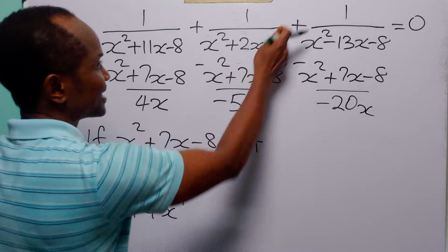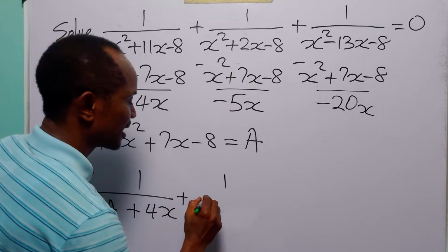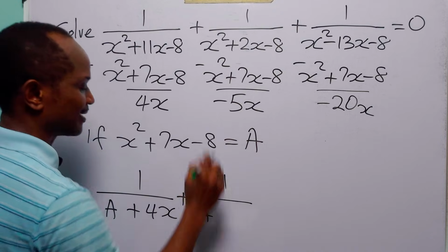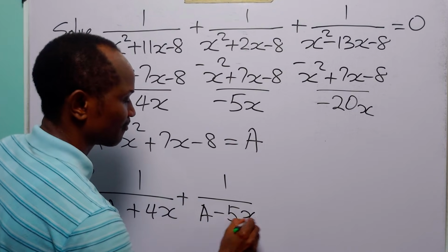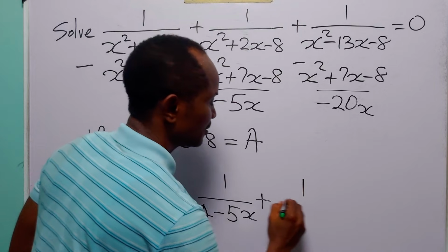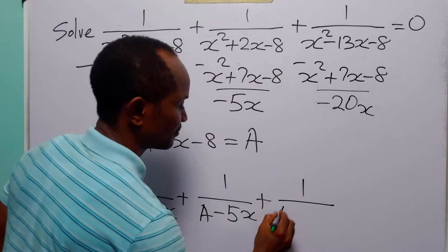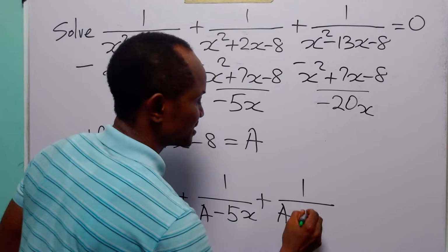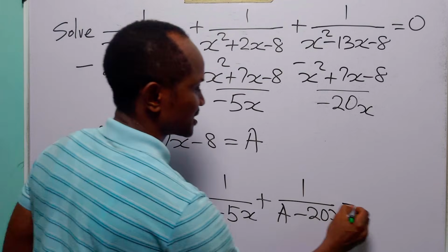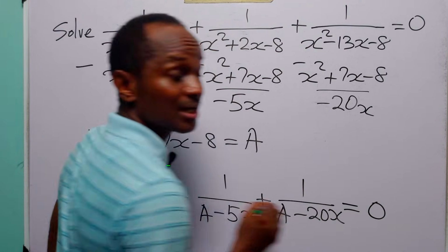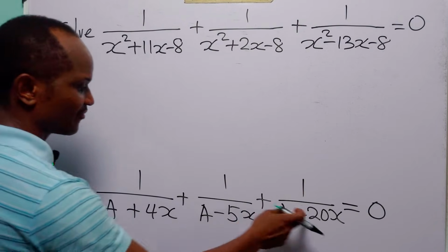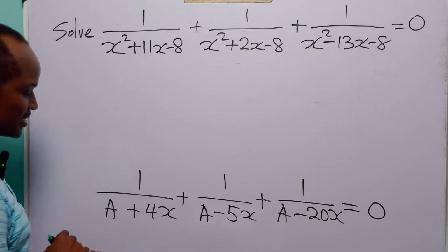We can write this second fraction as 1 over a minus 5x. And we can write this third fraction as 1 over a minus 20x. And of course, these three fractions are still equal to 0.